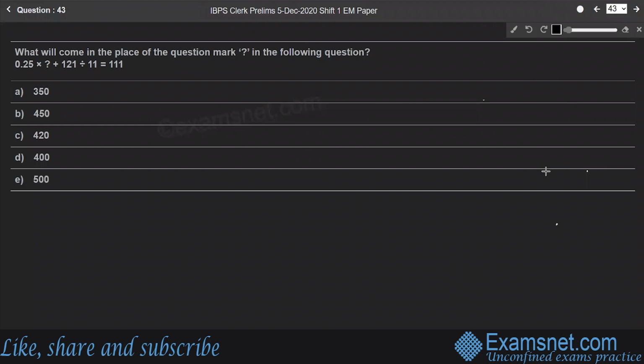Question 43. What will come in the place of question mark in the following question? Here is the question. 0.25 into some value plus 121 divided by 11 is equal to 111. So let the value we need to find be x.